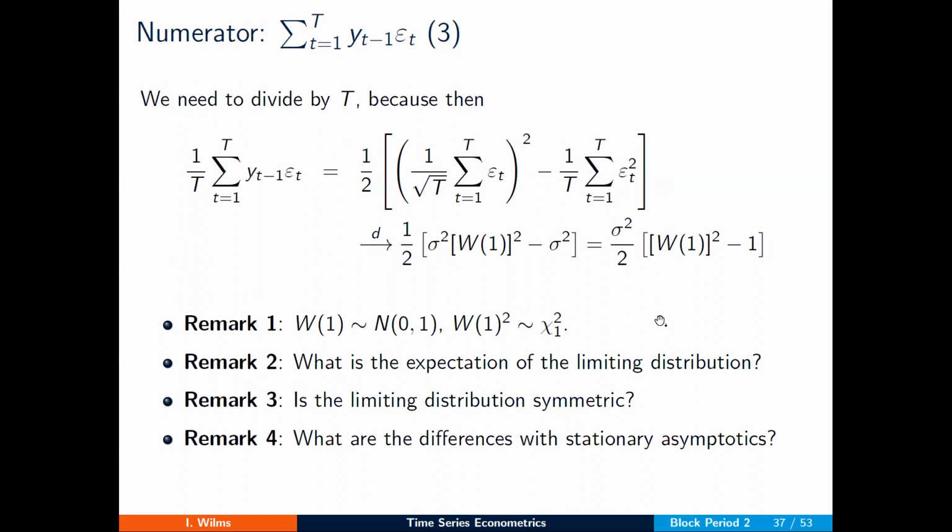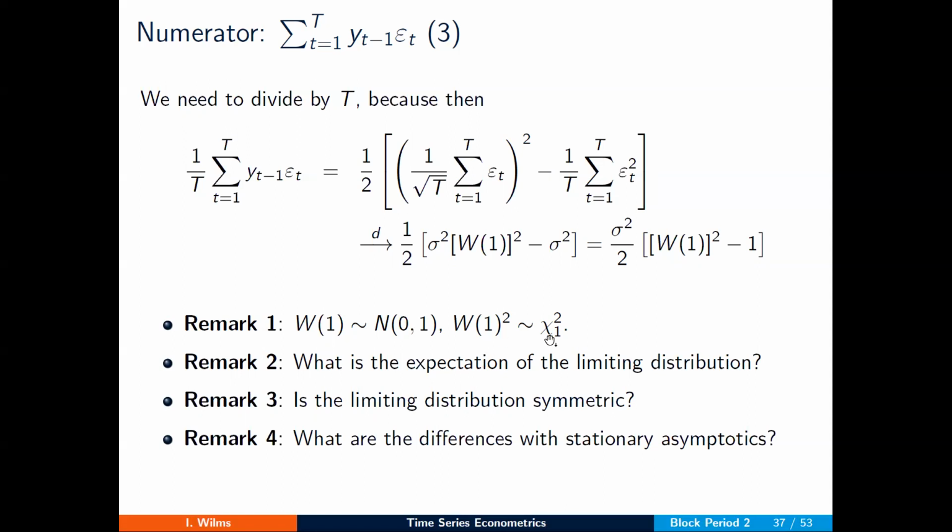Now, a couple of remarks about this limiting distribution. First, this guy over here is nothing more than a standard normal distribution. And we know that the square of a standard normal is distributed like a chi-squared distribution with 1 degree of freedom. Now, secondly, what is the expected value of our limiting distribution?